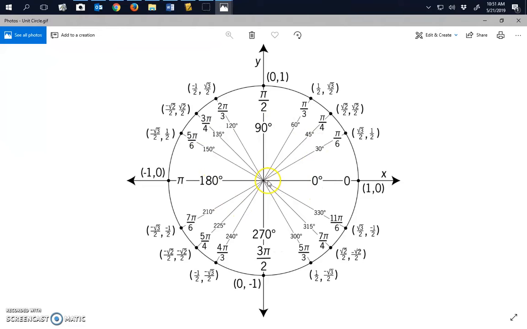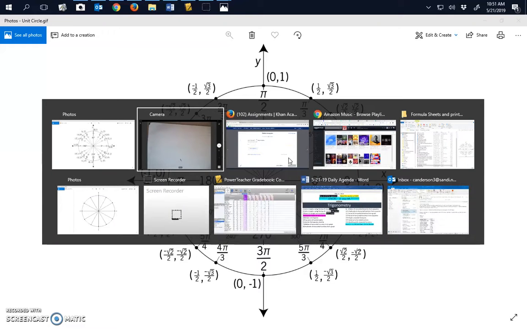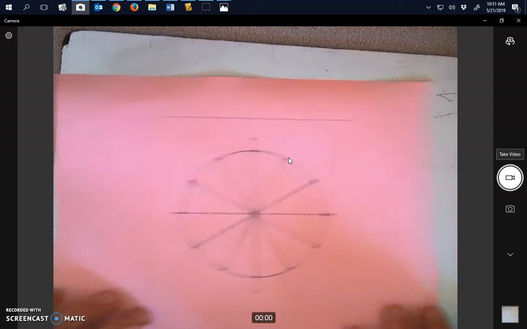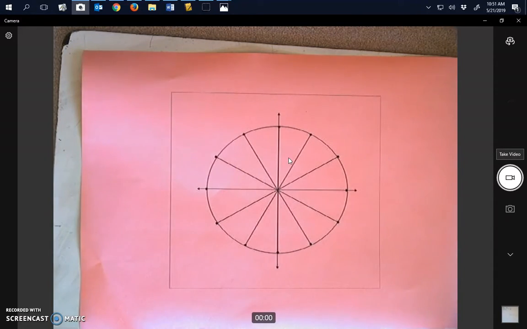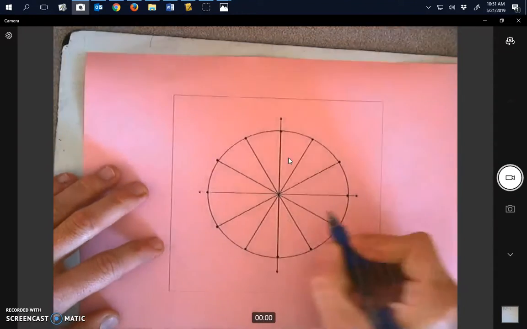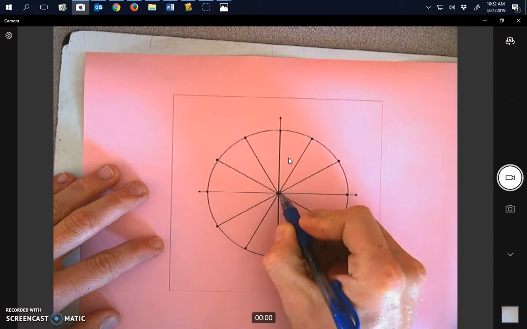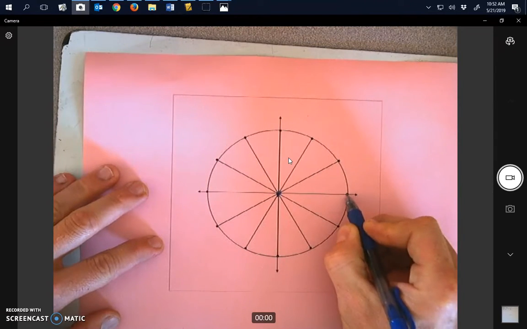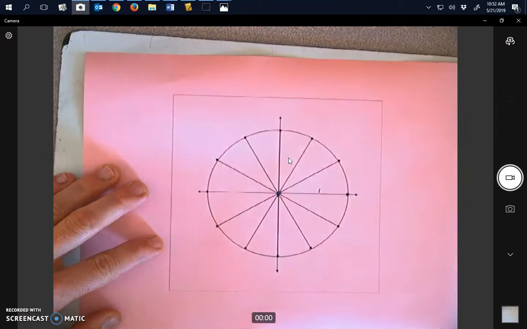Well, a unit circle is a circle that has a radius of 1. So I have a blank circle here. What a unit circle means is that my radius from here to here is 1 unit.